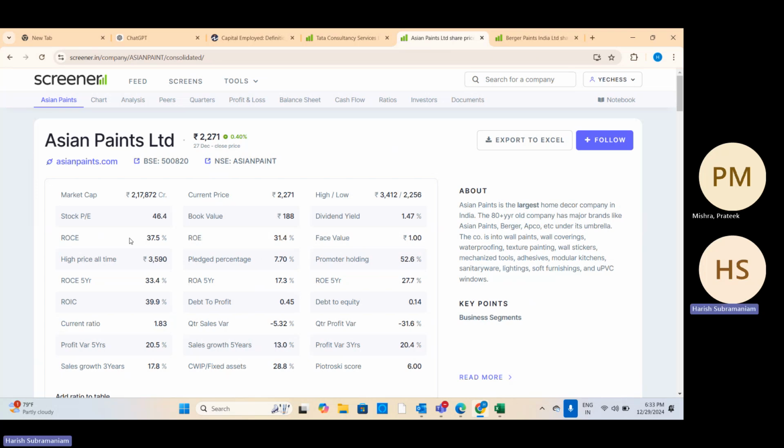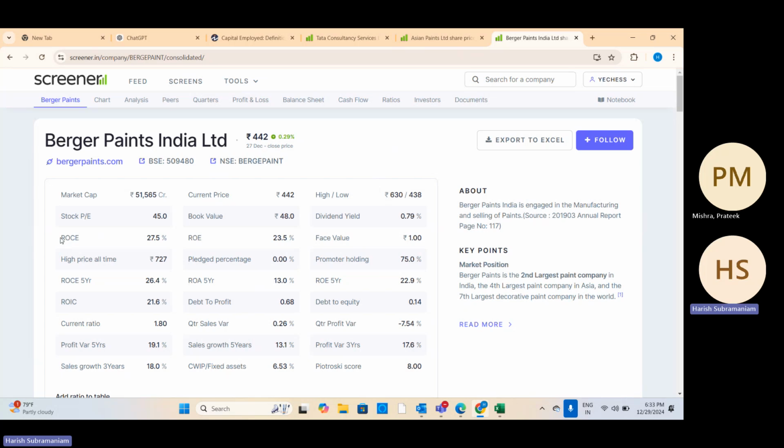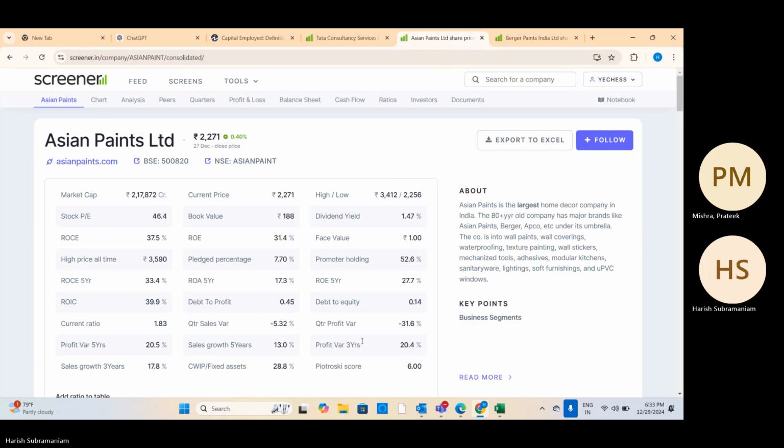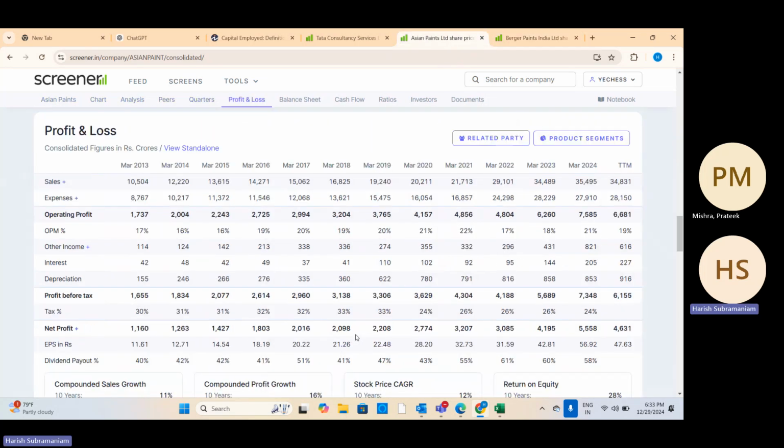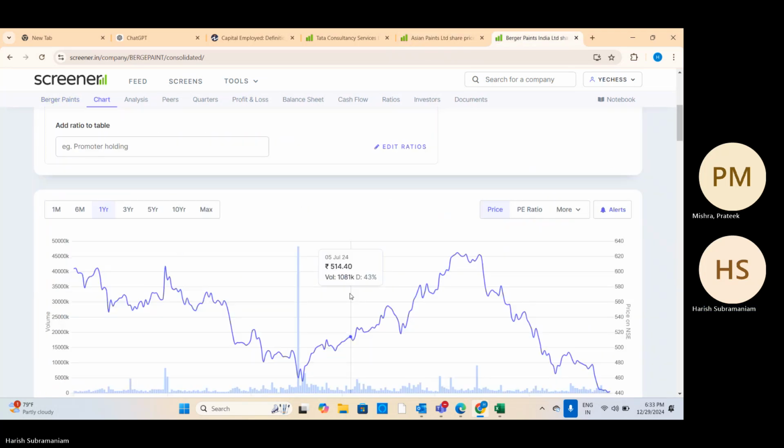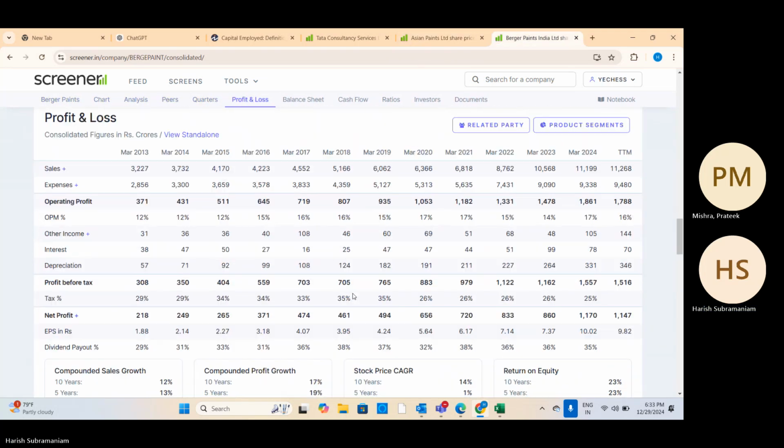Now, what are ROE and ROCE? This is 37.5, 31.4. Here we can see ROCE and ROE are a little lower for Berger Paints, but these are also very good numbers. Then we looked at the profit margins. Berger Paints has a profit margin of about 12%, then it goes up to 17%, and now it has gone slightly down to 16%.